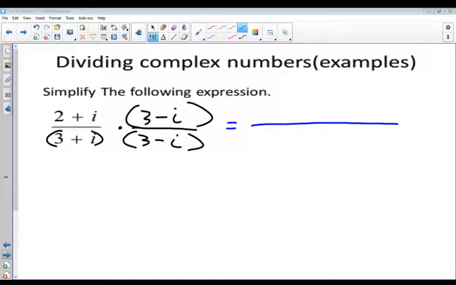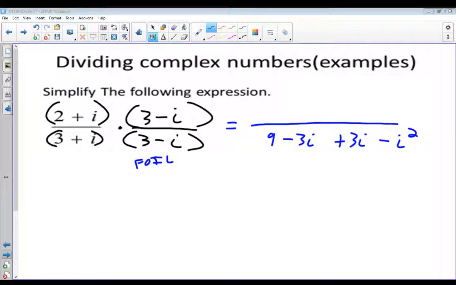So now, let's work the magic of a conjugate so that the bottom is now real. Let's FOIL the bottom. First term should give you 9. Outside term should give you negative 3i. Inside term should give you 3i. And then the last term, i times negative i, will give you negative i squared. And then if you do the same thing on top, FOIL the 2i with the conjugate 3 minus i.